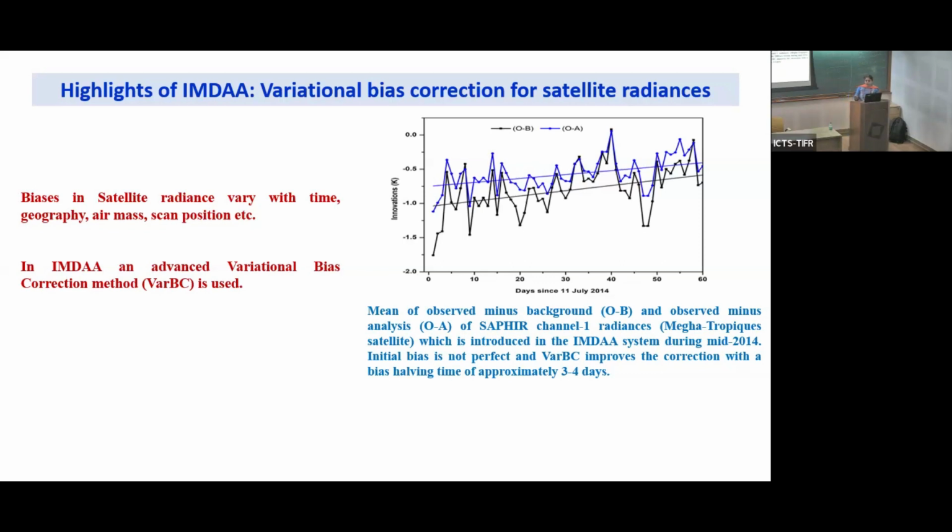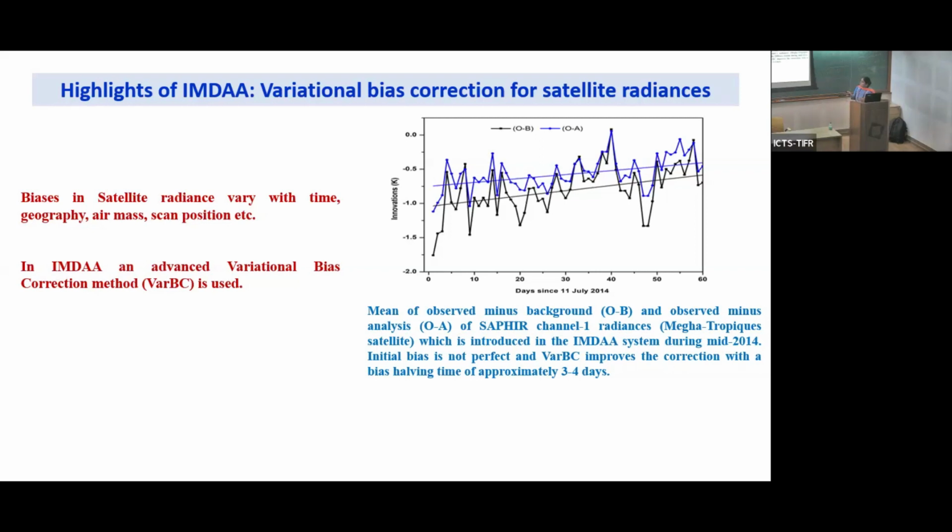But here we use the variational bias correction method, which is part of the data assimilation system. In WRF also you have VARBC and VARQC, so you can use them for correcting your satellite data. Nowadays we can use VARBC and VARQC for correcting aircraft and GPSRO data also.